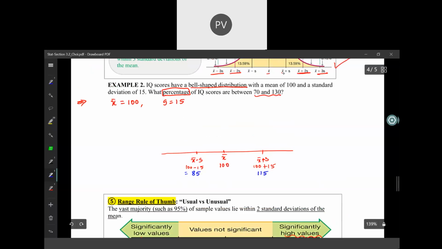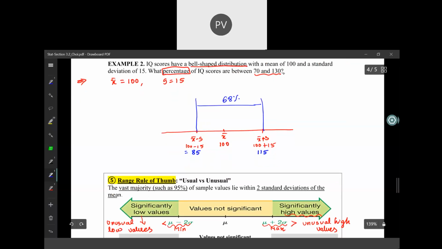Now the percentage between these values must be 68% according to the empirical rule. So 68% of data values lie between 85 and 115.